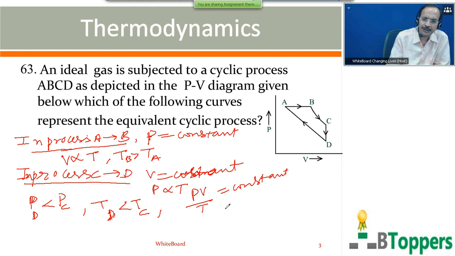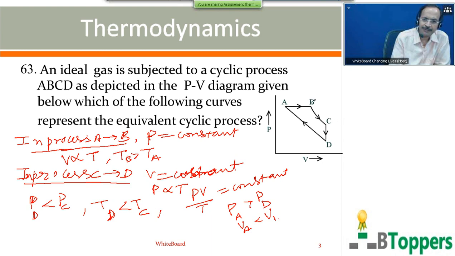From the graph, you can see that pressure at A is more than the pressure at D, and volume at A is less than the volume at D. So temperature of the gas increases in the process A to B because temperature at B is more than the temperature at A.